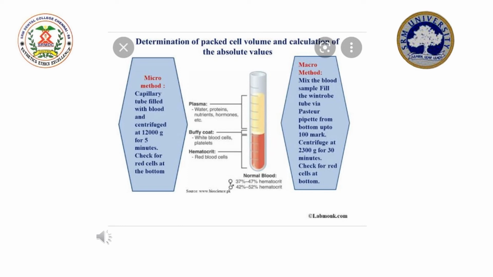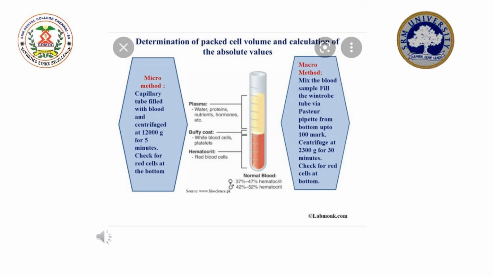The disadvantage of the method is that it requires an expensive centrifuge. That is the only disadvantage with this tube. Now coming to the third method of packed cell volume estimation, we have the automated analyzer method. Automated analyzers are very popular in recent days, as we can estimate large volumes of patient samples simultaneously using this method.